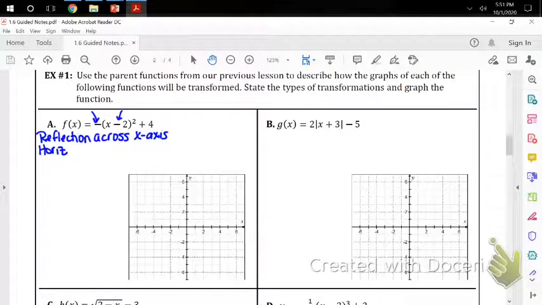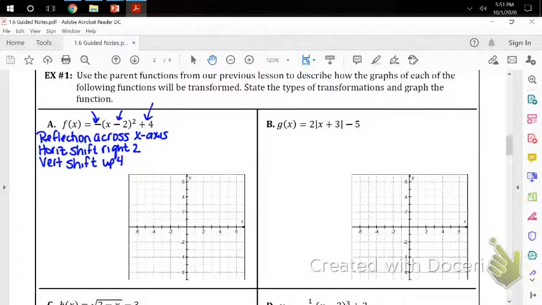It's being added or subtracted, so that means it's a shift. Now remember, horizontal shifts do the opposite of what we think. Negative 2, we would think we would go to the left to negative 2, but we're not. We're going to go right to 2. And then we have this plus 4 at the end. It's outside the parentheses, so it's vertical. It's being added or subtracted, so it's a shift. And it's a plus 4, so it's going to go up 4.